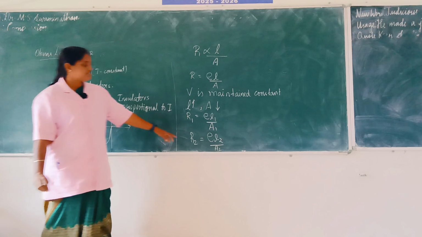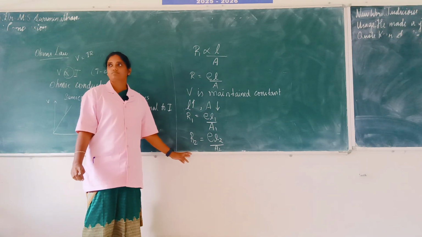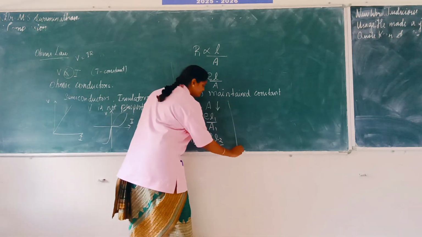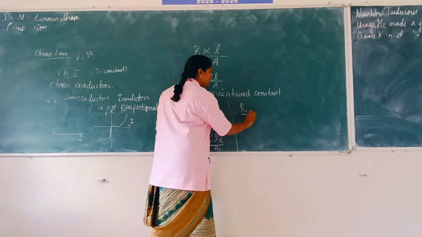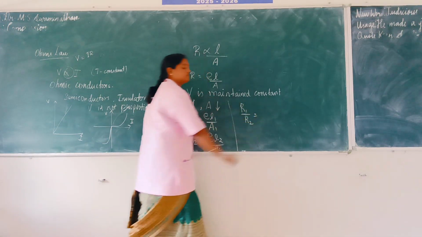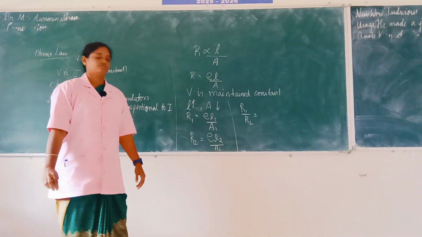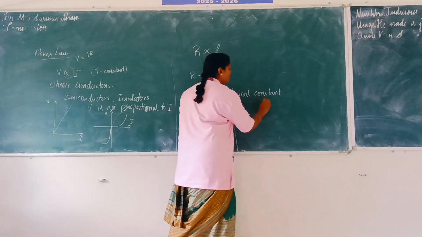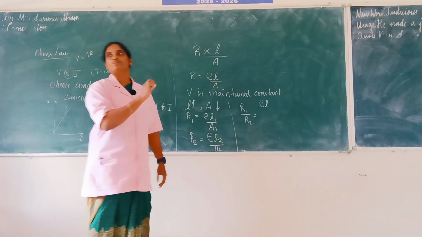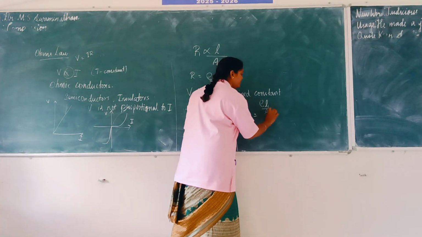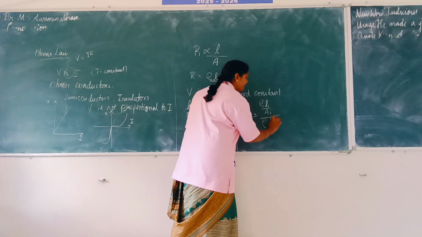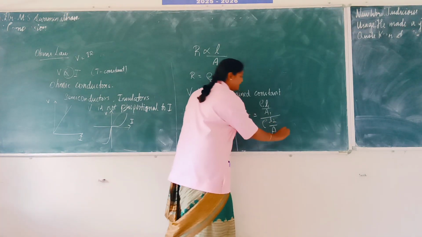So the new resistance we need to find now. How can we do it? R1 by R2 is rho, this is not E, this is rho, resistivity, L1 by A1 divided by rho L2 by A2.